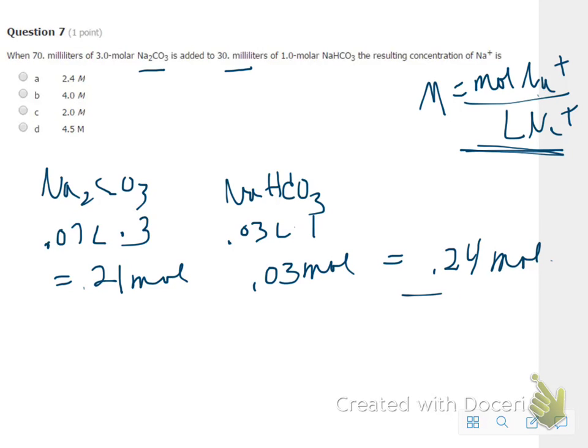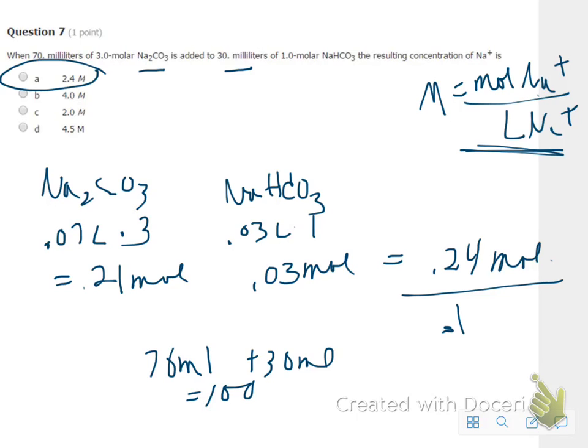And if I divide that by the total number of liters, I have 70 milliliters plus 30 milliliters, which is 100 milliliters. So if I divide this by 0.1, it's the same thing as multiplying this times 10. So my answer is going to be 2.4 molar, because 0.1 is 1/10. So if I flip this and multiply, I get 2.4.